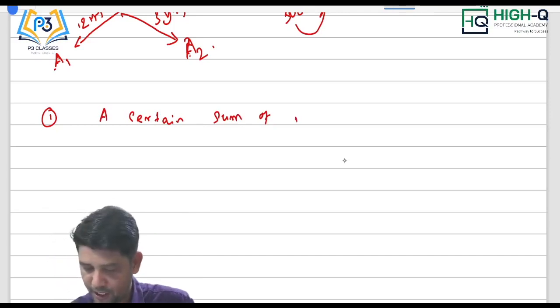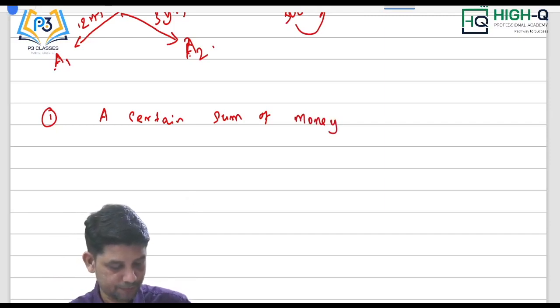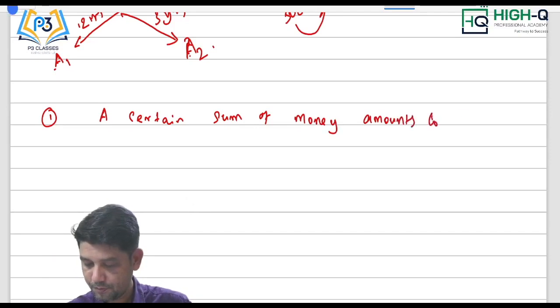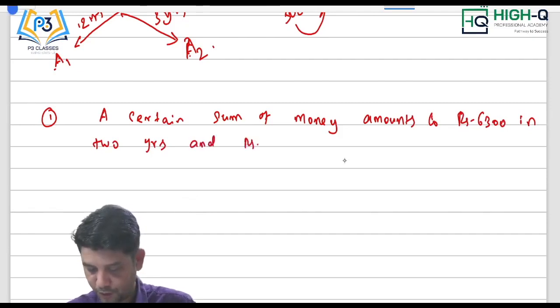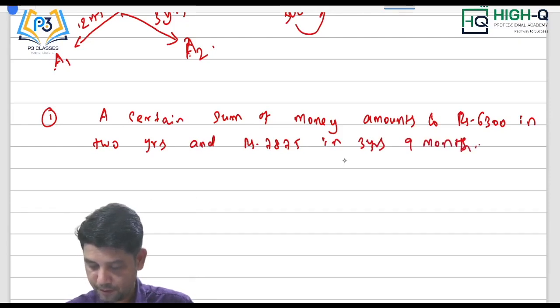Okay, a certain sum of money amounts to rupees 6,300 in 2 years and rupees 7,875 in 3 years, 9 months at simple interest.